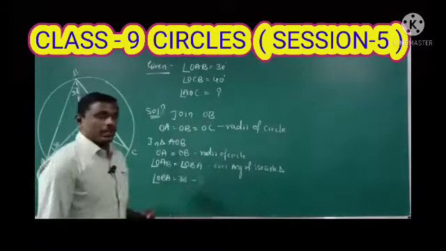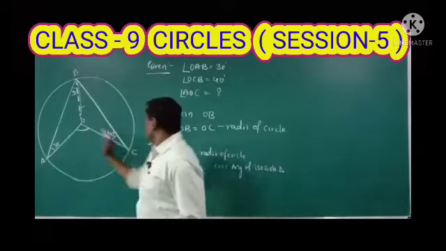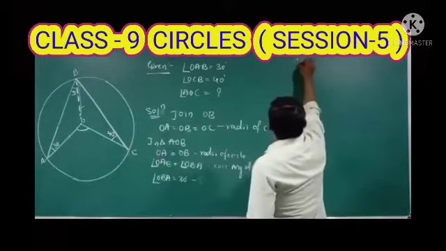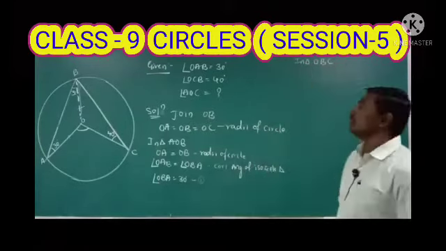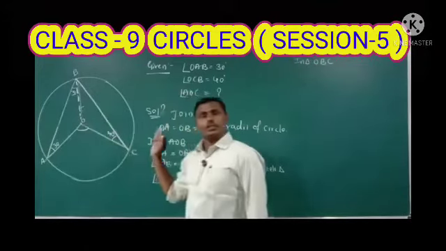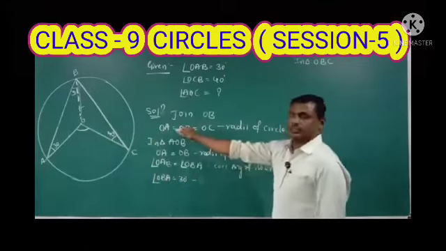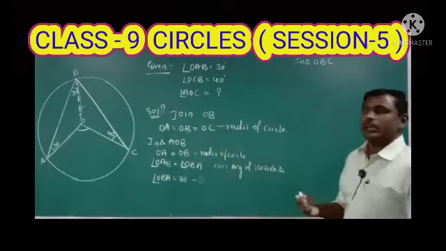One more triangle is there. What is that second triangle? Triangle OBC. So in triangle OBC, again OB is equal to OC, as we already stated. OA, OB, OC are the three radii of the circle.